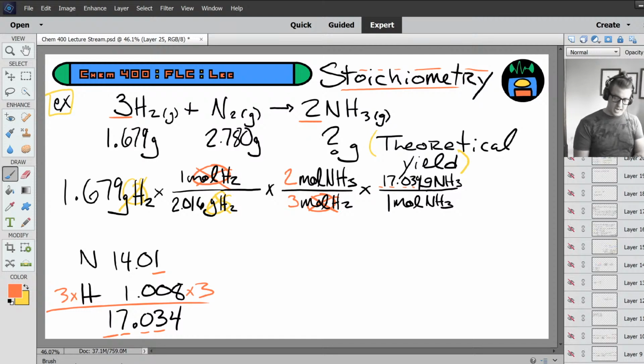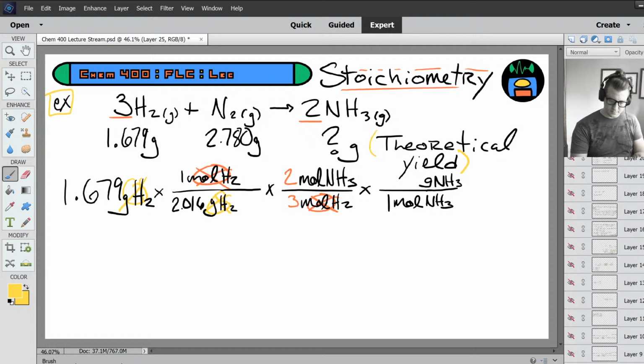All right. And moles of nitrogen cancel moles of nitrogen. Whoops. I need to rewrite that, sorry. With my sig figs. And now moles of nitrogen, or sorry, moles of ammonia cancel moles of ammonia. And we're ready to crunch our numbers.